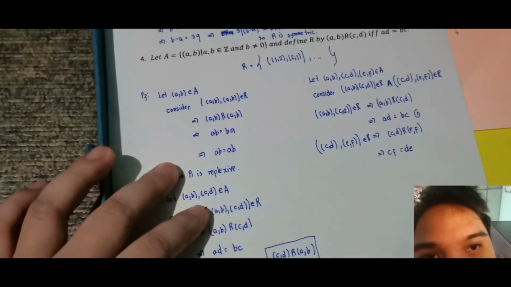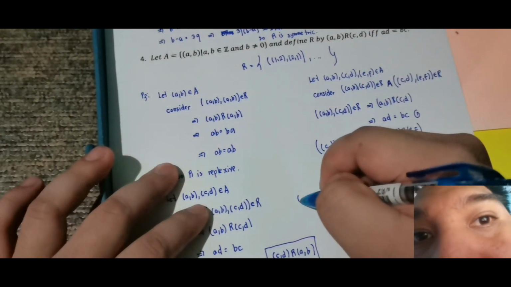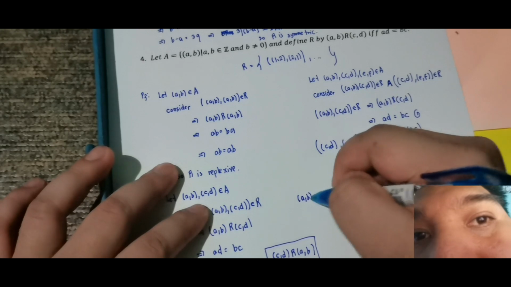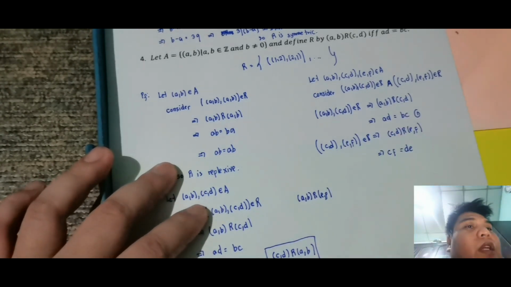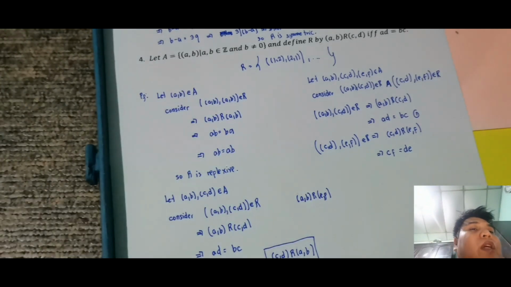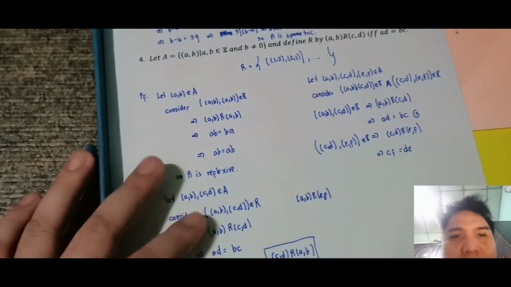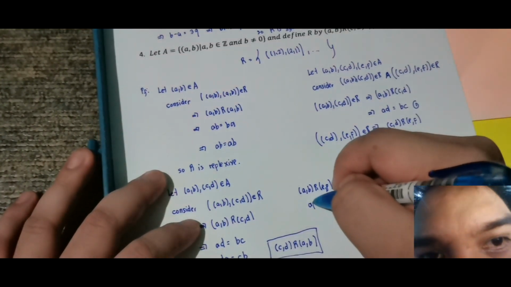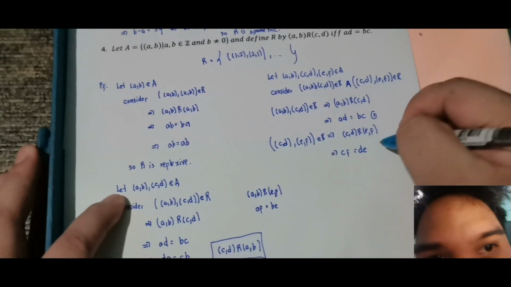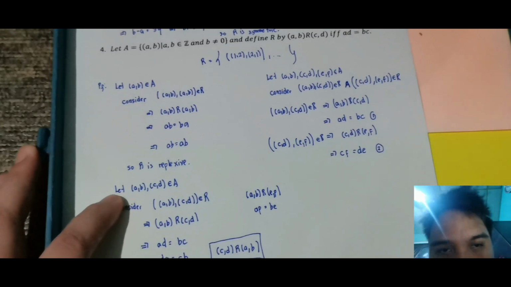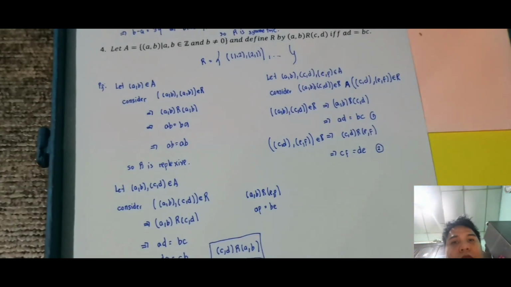Ngayon, ang goal natin is makuha natin si AB related to EF. Okay, ito yung goal natin eh. So, paano tayo magkakaroon ng ganyan? So, that is AF is equal to BE. Ito yung equation 2. Check natin ha.